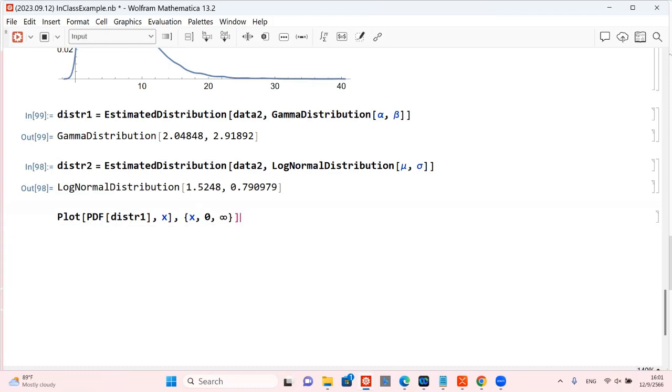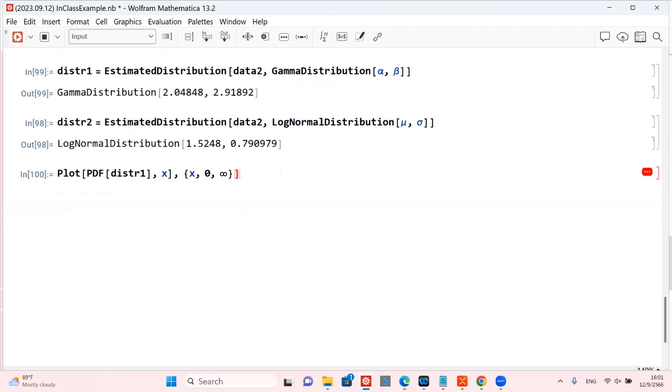Now, obviously, Mathematica is not going to give you infinity.